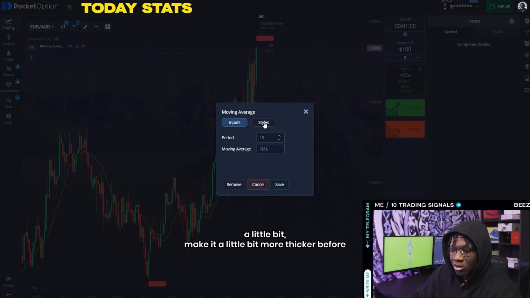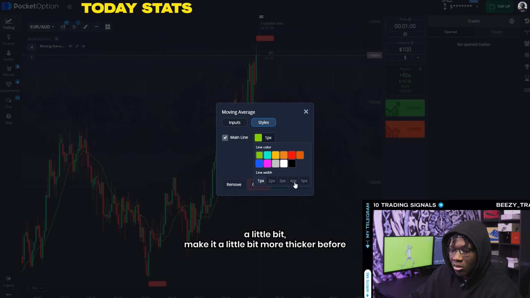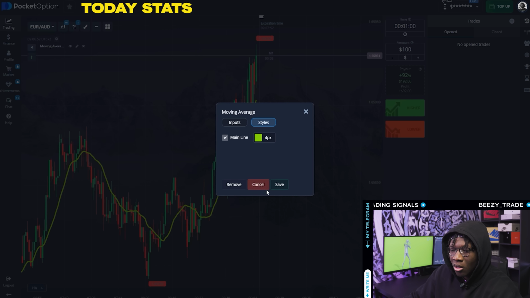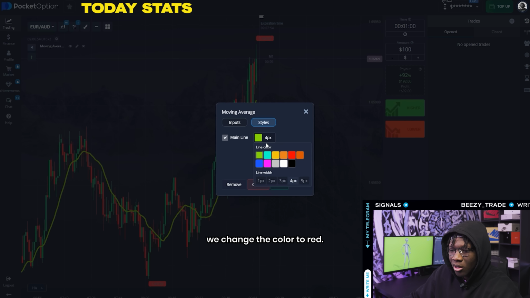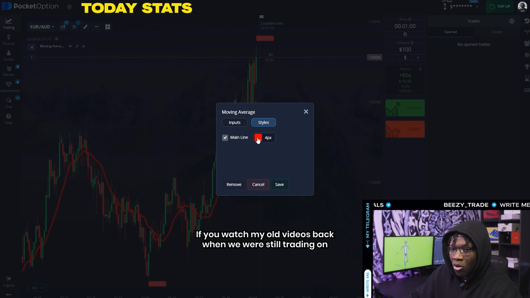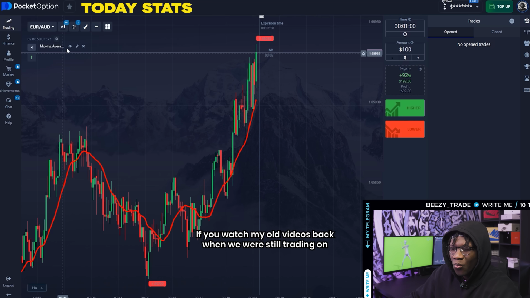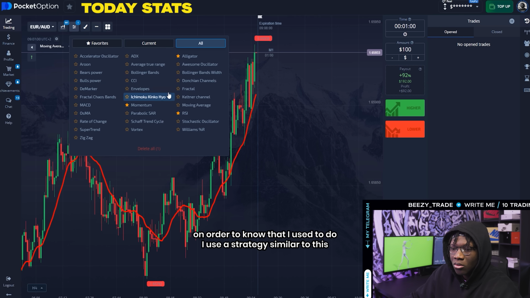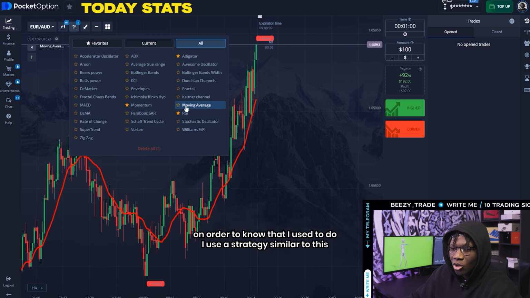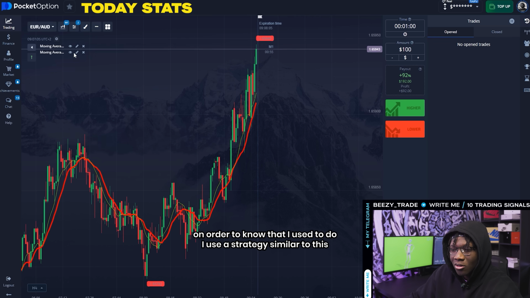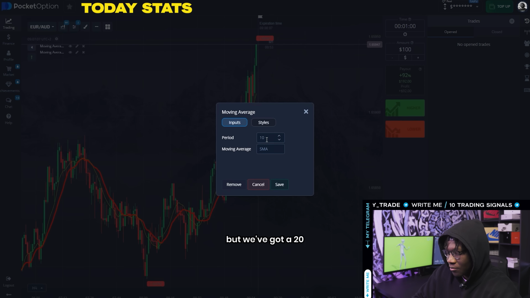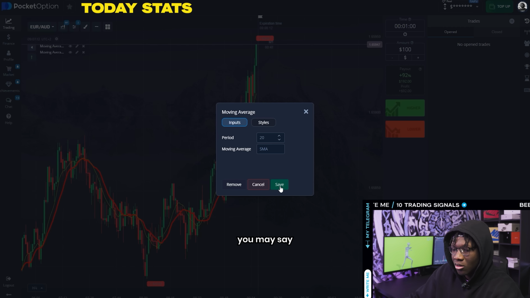We'll change the styles a little bit, make it thicker, 4, and change that color to red. If you watch my older videos back when we were still trading on Forex, you would know that I used a strategy similar to this. We've got a 20 EMA, I think 25 EMA.